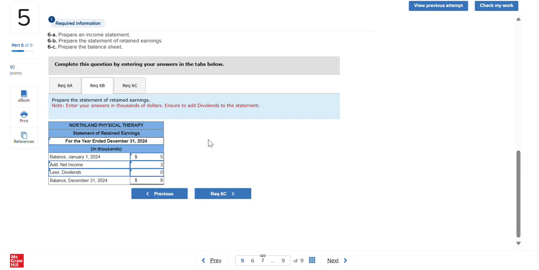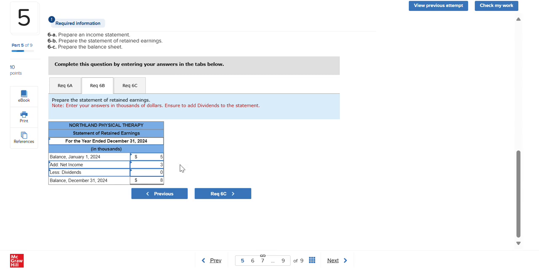After the net income, I made the statement of retained earnings. I started with the beginning balance of the year, which was 5,000, and then I added the net income, which was 3,000, and here you would subtract any dividends, but as we can see, we didn't have any.